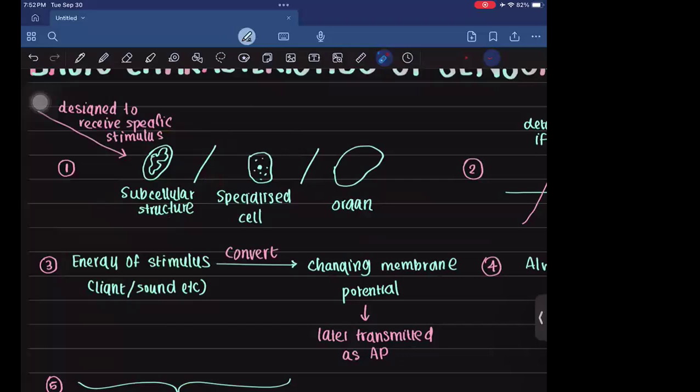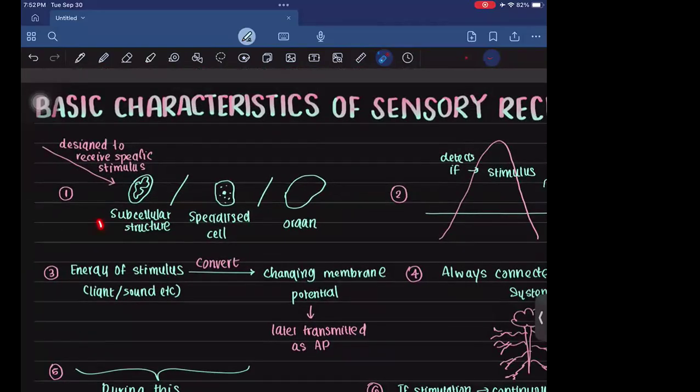A specific sensory receptor will be responsible for receiving a specific stimulus. So what is the first characteristic? They can be a subcellular structure, a specialized cell, or an organ designed to receive a specific stimulus.